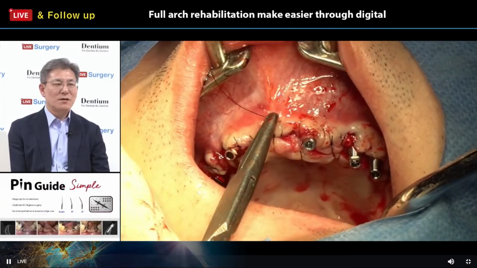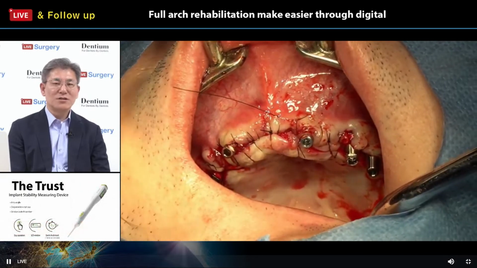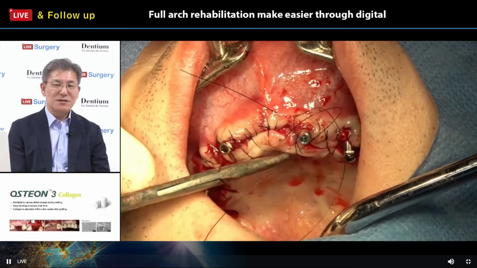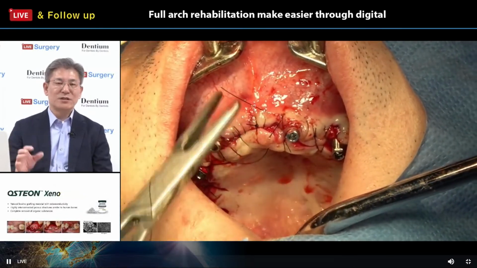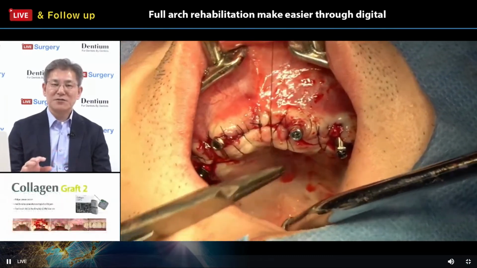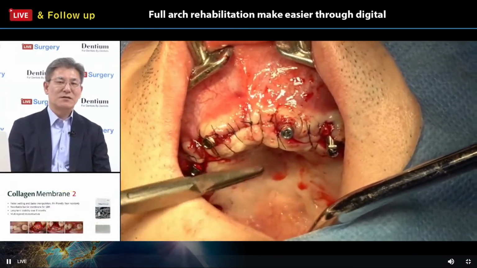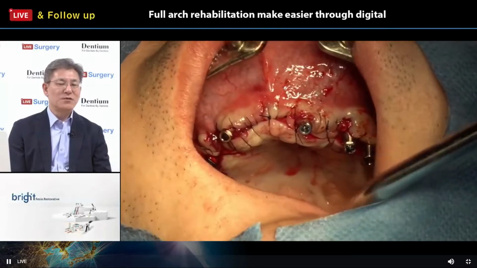The whole reference lines and reference points were achieved by using the program, the digital procedure, right? So in future, the temporization and final restorations follow the information achieved from the digital procedure.